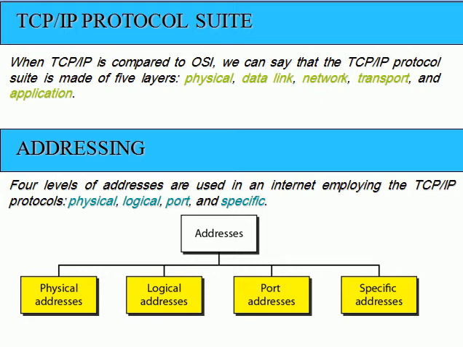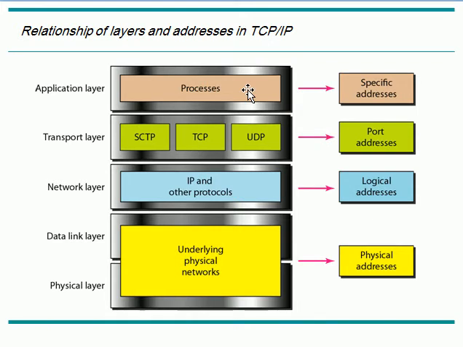So the TCP/IP protocol suite is a suite, like the OSI levels, but it's 5 layers. Previously in part 1 of the second lecture, we said that OSI is 7 layers, but here in the TCP/IP protocol suite, it's only 5 layers: 1, 2, 3, 4, 5.